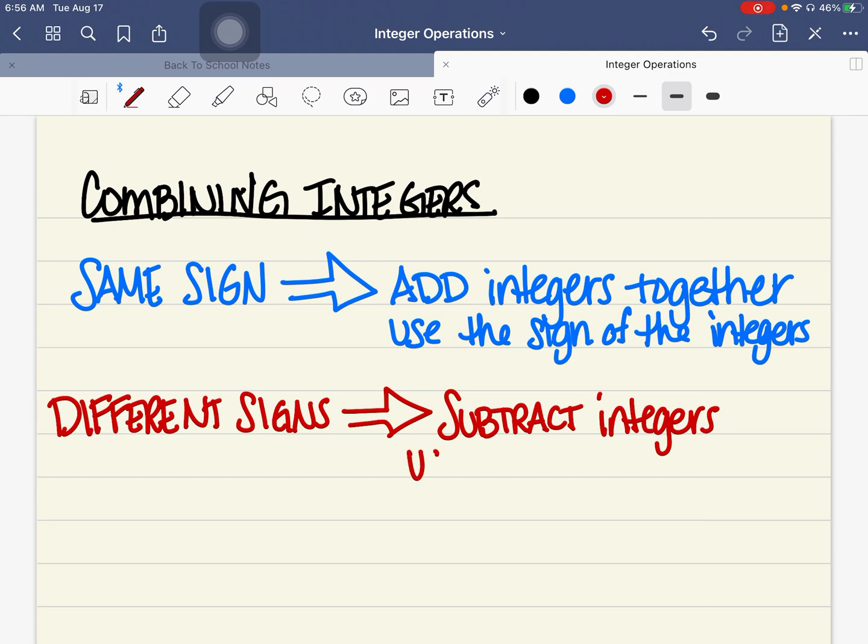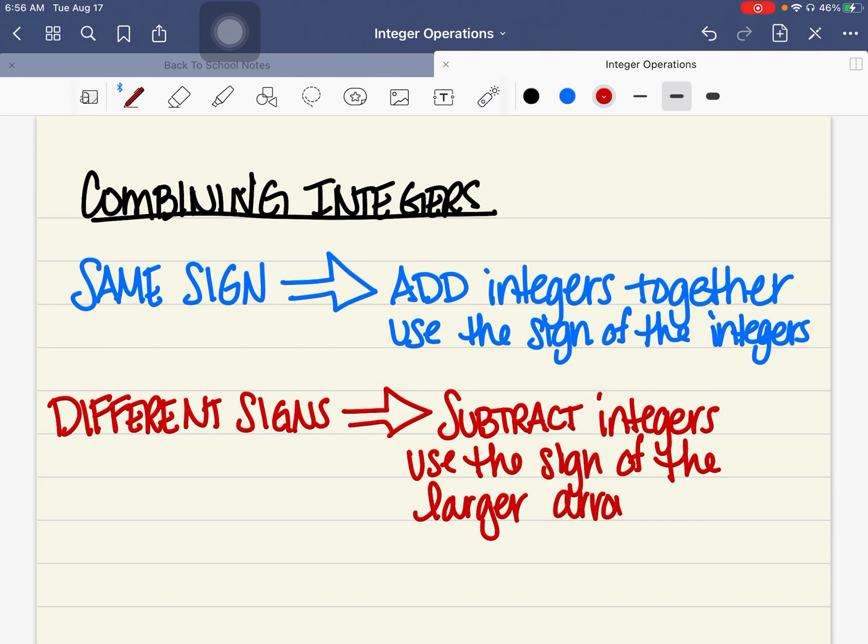And then we're going to use the sign of the larger arrow, or we could say the larger number, which is really the absolute value of that number. Okay, so that's to sum up the rules in words. Remember, you can always use a number line too to help you.